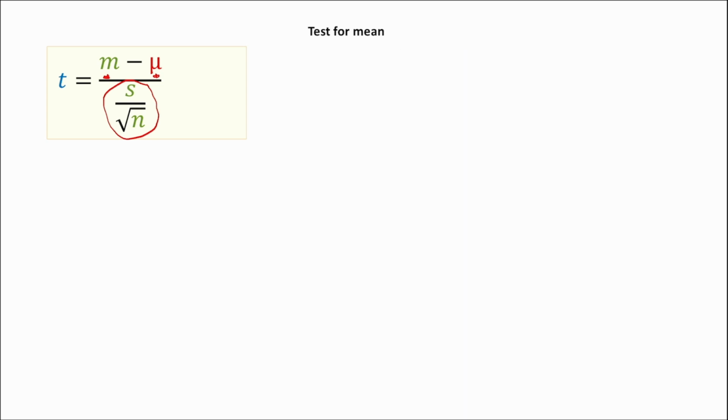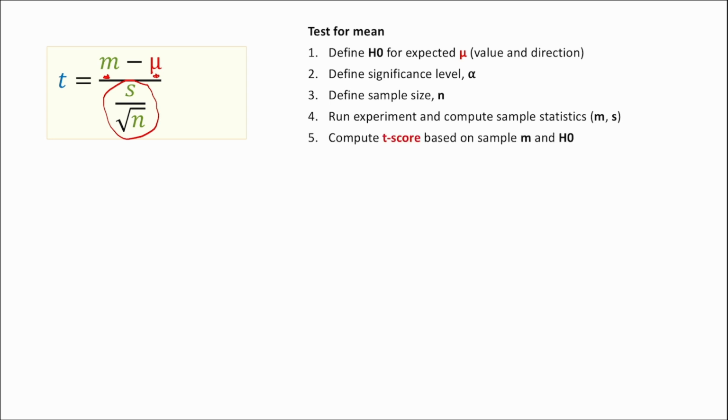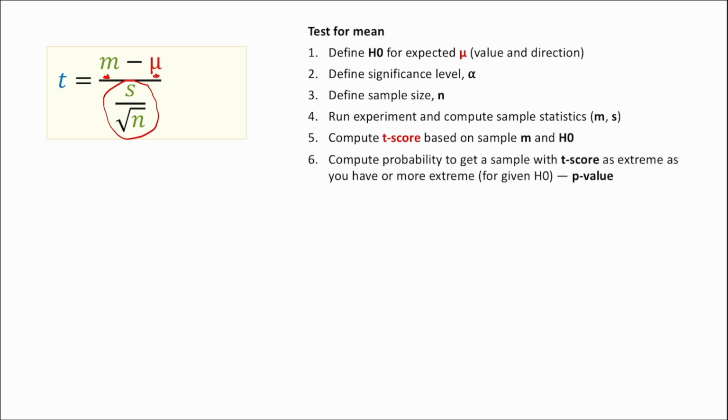In this case, to make a test, you need to define a mu. So it means that you need to make a hypothesis. You need to assume what mu is expected, both value and direction. Then you define significance level, you define sample size, then you run all your experiments and compute sample statistics. And after that, you compute t-score using this expression based on the sample statistics and the null hypothesis.